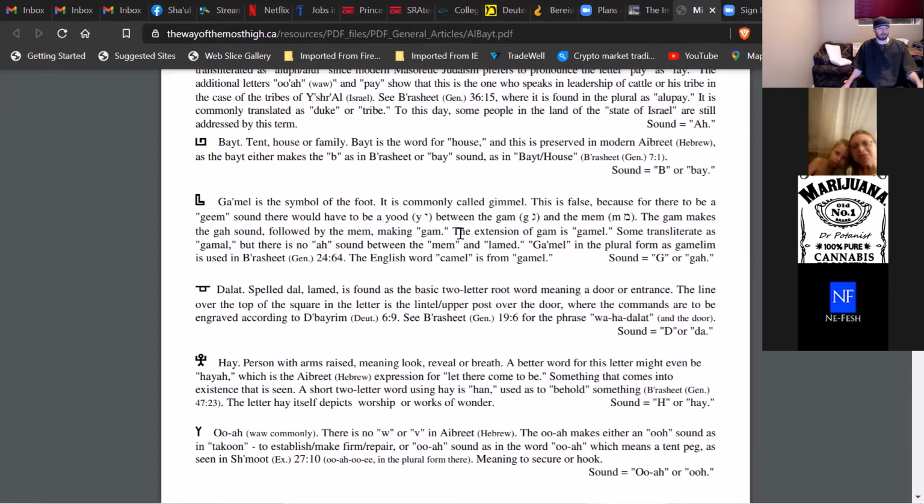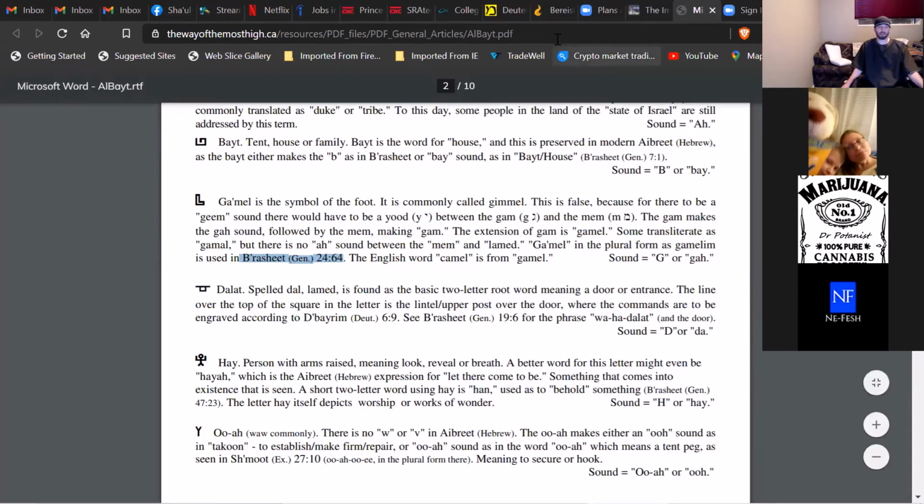And we're going to look at this again in Scripture. Again, for those of you who are catching up with the last broadcast, we have Scripture verses for each of these letters. It's very helpful for people to actually see how each letter is a word and how it's used. So Genesis chapter 24, verse 64.